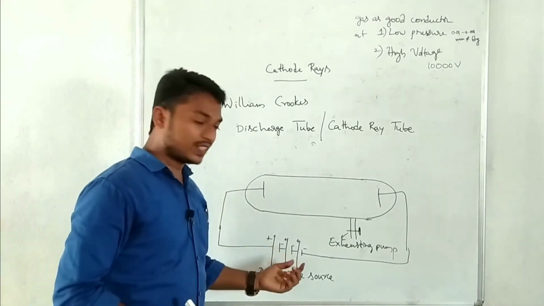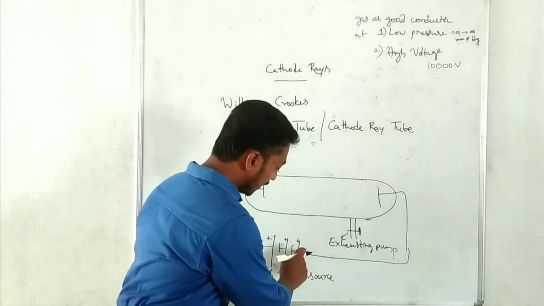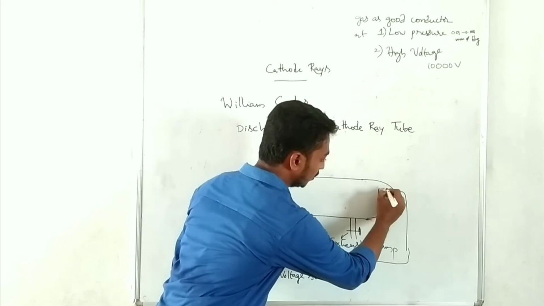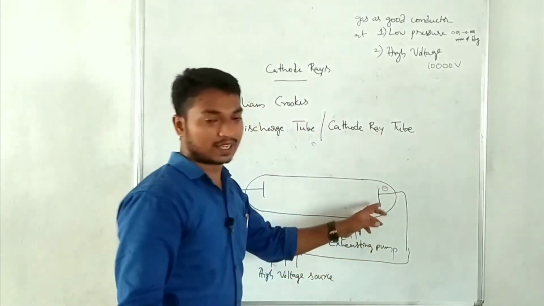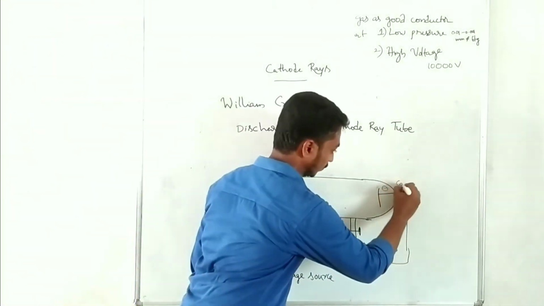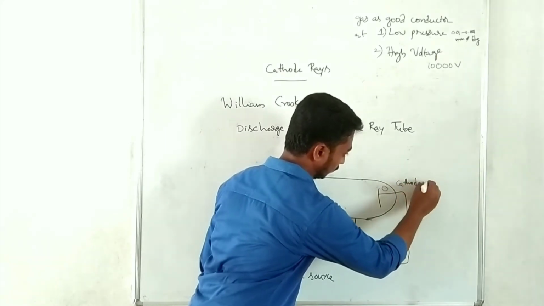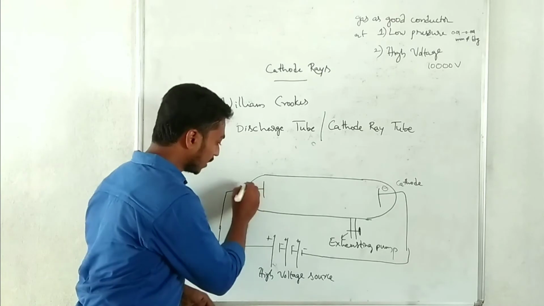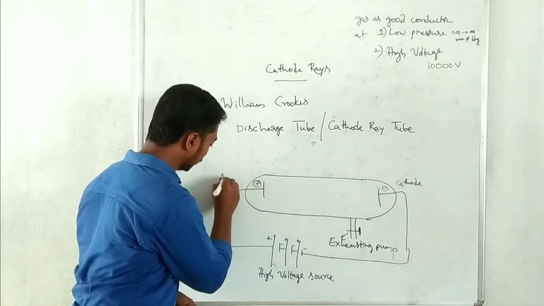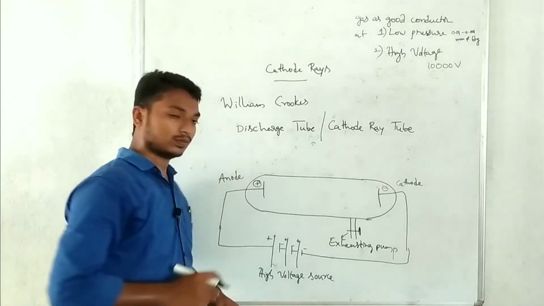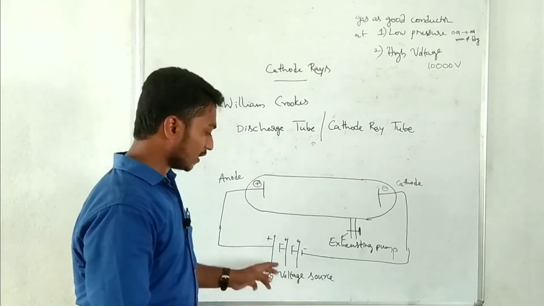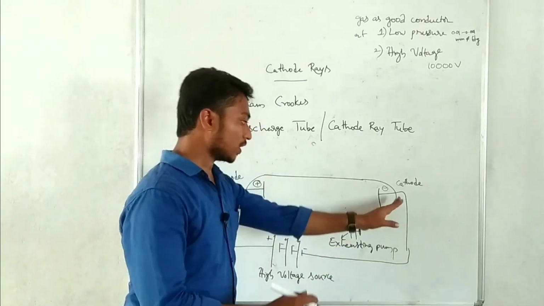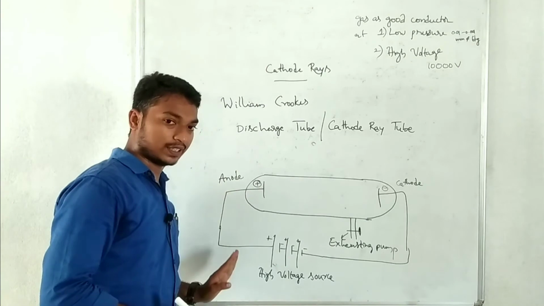The terminal which is connected to the negative is called the cathode. The terminal which is connected to the positive charge is called the anode. If you start, the electricity will pass from the negative plate to the positive plate.